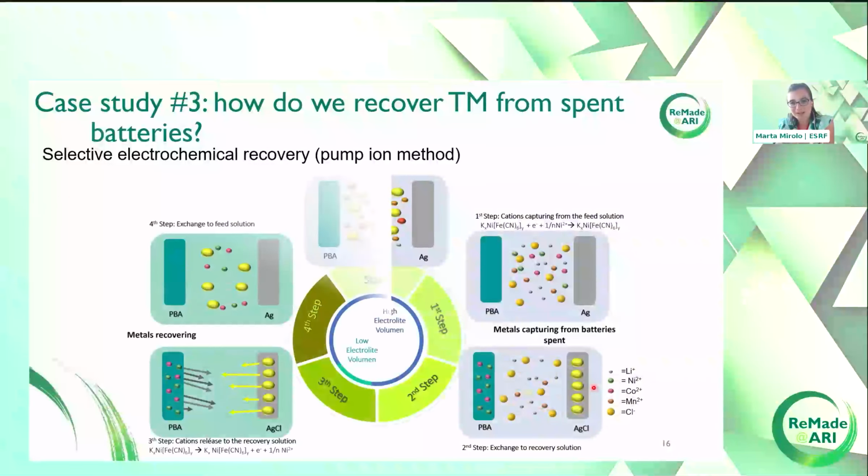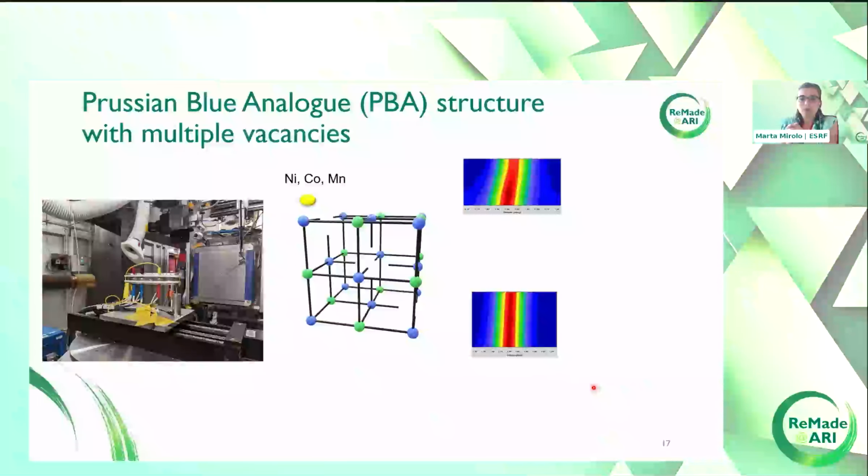So here comes a different group, which is starting from this step. We have our transition metals in a solution. How can we recover them? In this case, they use an ion pumping method in which they are recovering the transition metals with electrochemistry. So they use Prussian blue analogues, which is a structure that, depending on how it's synthesized, contains different vacancies.